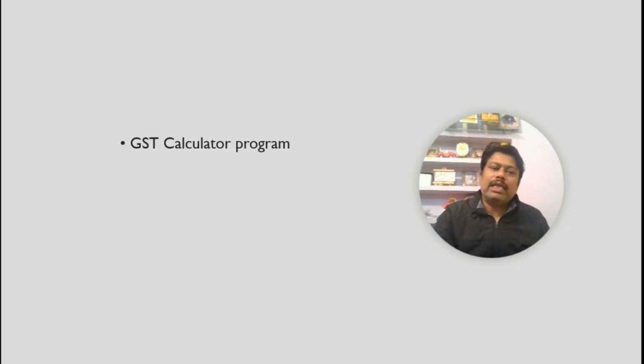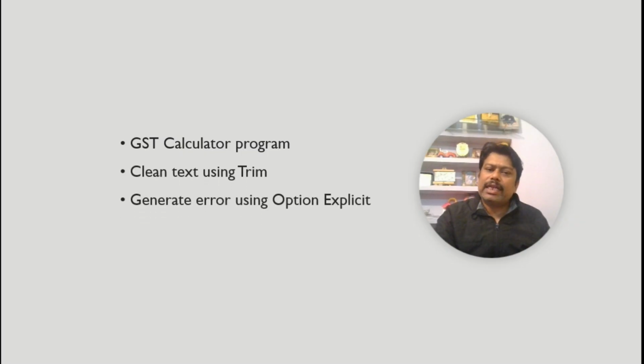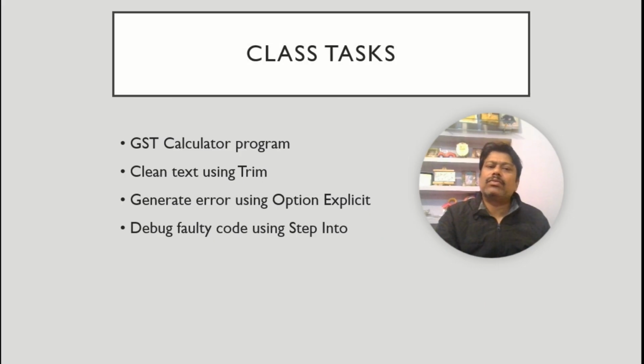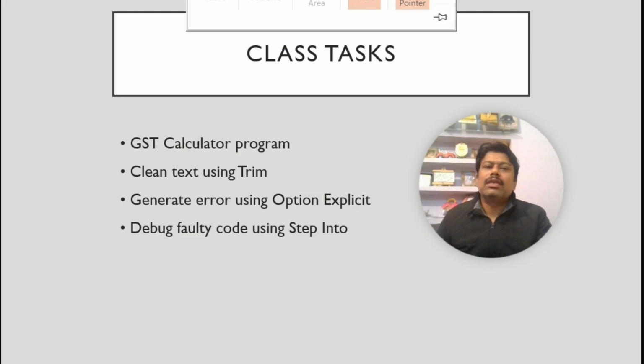You will have to try a GST calculator program, clean text using string, generate error using option explicit, and debug faulty code using step into. This is your class task.